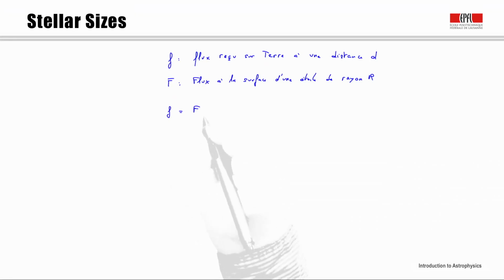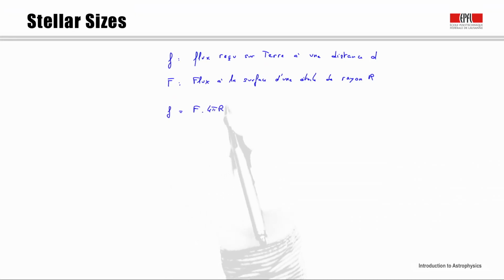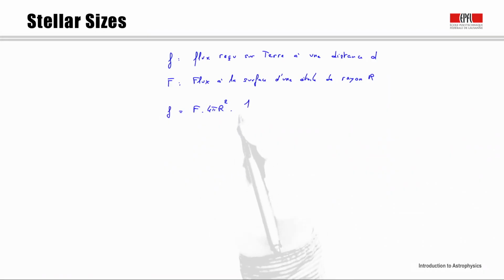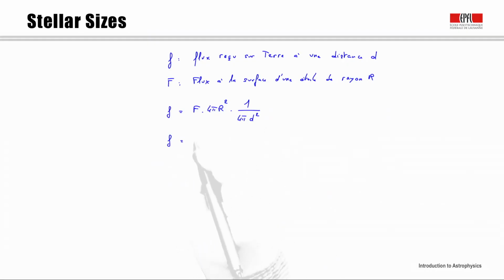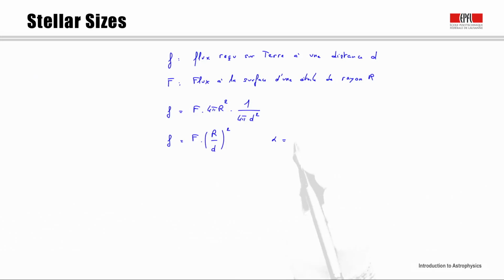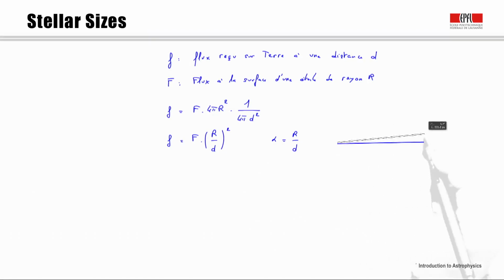The observed flux is the intrinsic flux times the surface of the star times 1 over a sphere of radius d. We then deduce that F equals F_r times (r/d) squared. r/d is simply the angular radius of the star, the subtended radius of the star at some distance. We have here the radius of a star, the angle A, and the distance d.